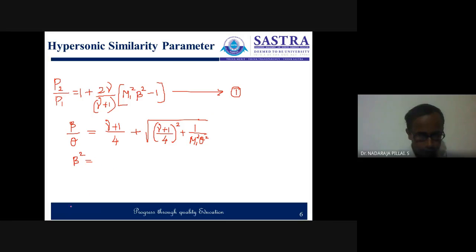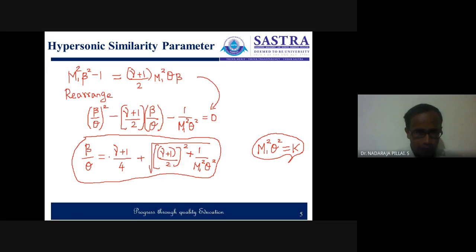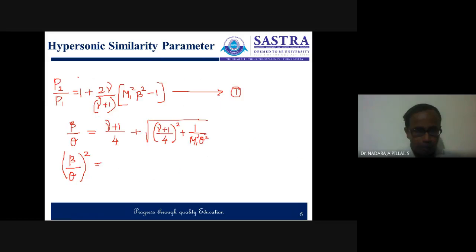Okay, so let us write the beta by theta square. Beta by theta square is equal to, we have this equation: beta by theta square is equal to gamma plus 1 by 2 into beta by theta.